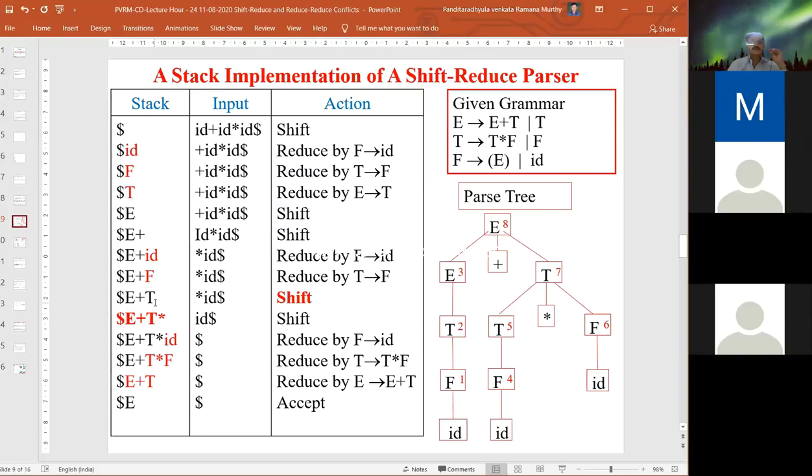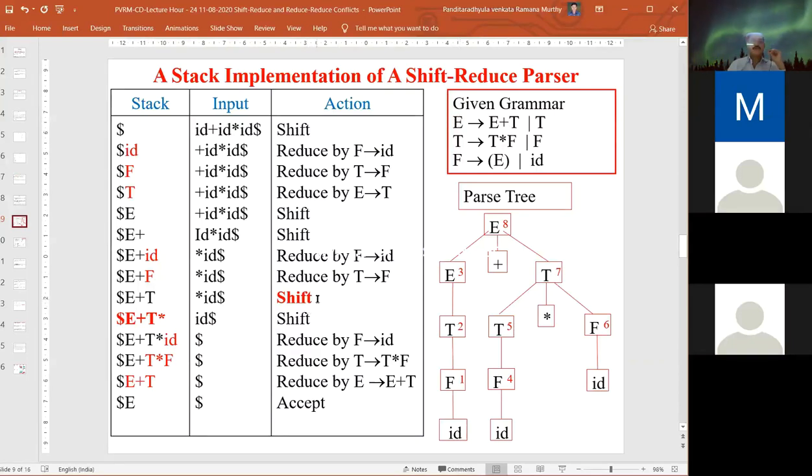There is a possibility of reduce also, because E plus T is a valid handle. By using some production, E derives E plus T, so E plus T can be reduced to E also.